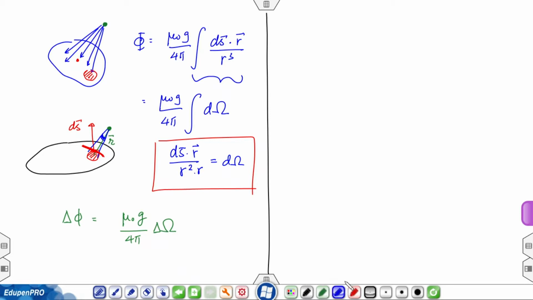Without any loss of generality, I will take the magnetic charge to be coming along the z axis, and here is this plane. I am taking ds dot r, so it does not really matter how I make it.